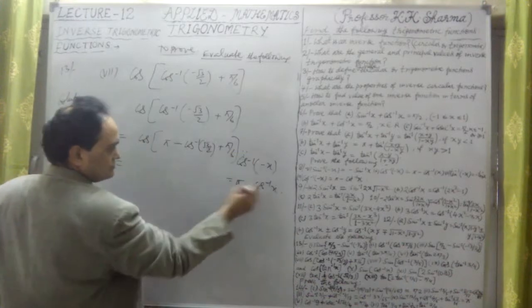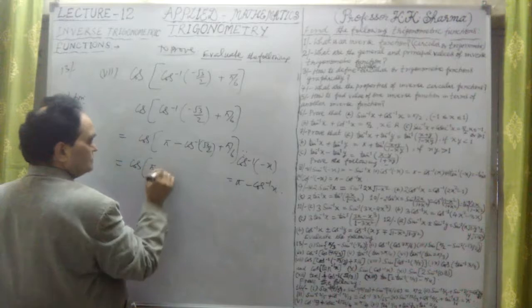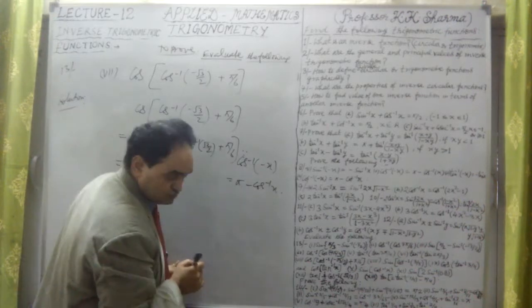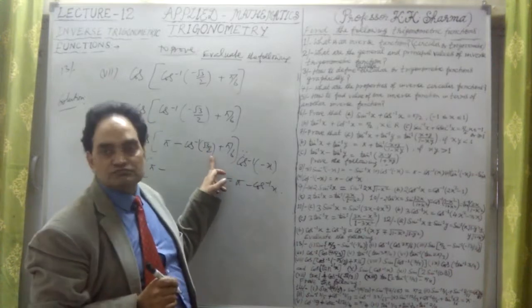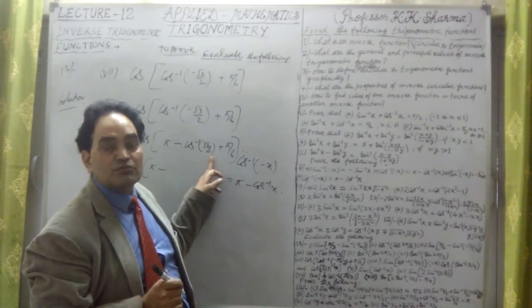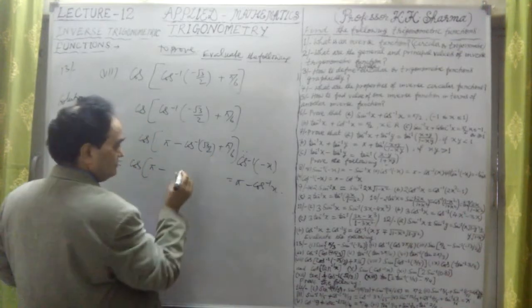So this is cos of pi minus cos inverse of root 3 by 2, plus pi by 6. Cos inverse of root 3 by 2 is for 30 degrees, sorry, I'm sorry, for 30 degrees. So that means pi by 6.